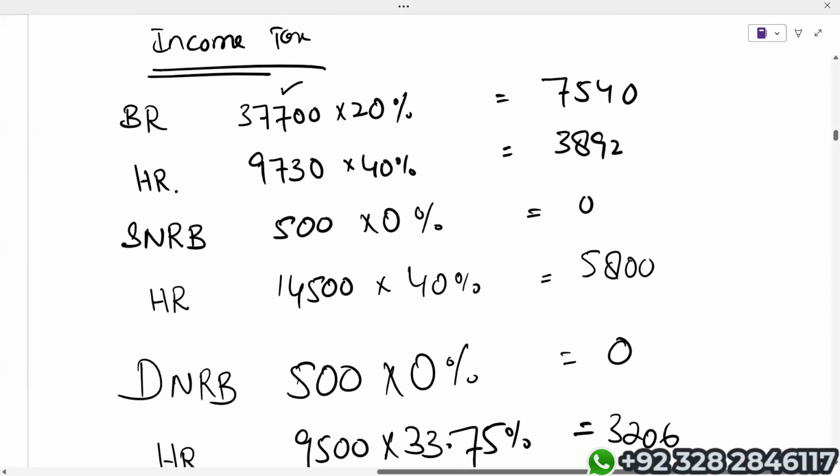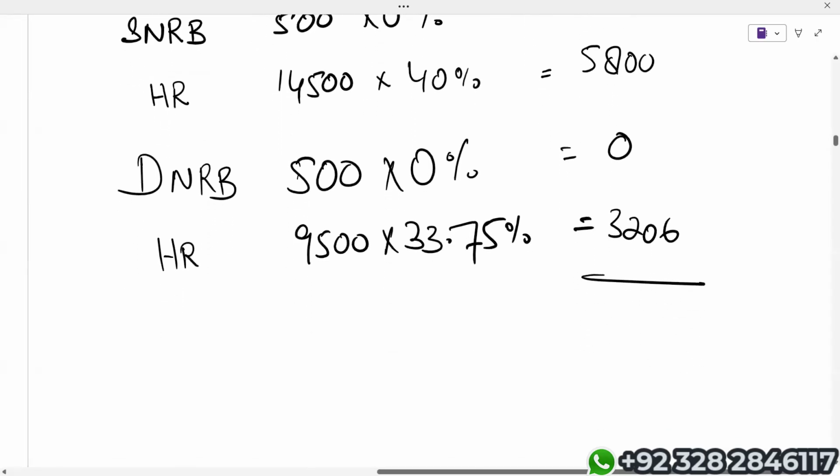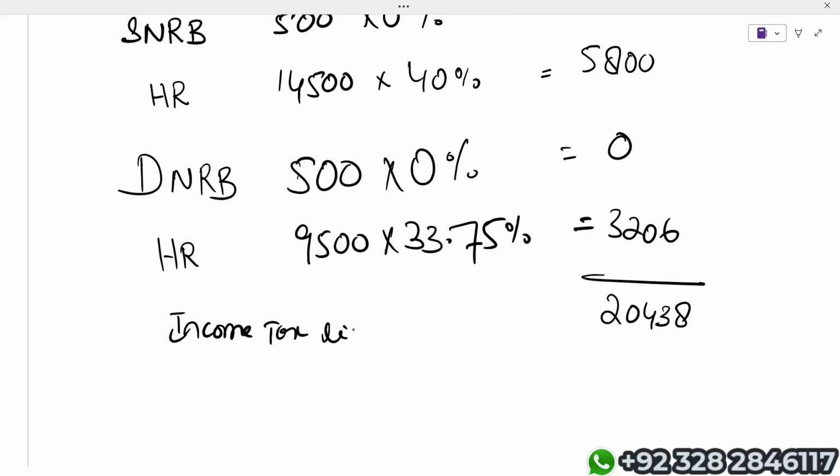Let's add all of them. 7,540 plus 3,892 plus 5,800 plus 3,206. I'm getting 20,438. This is income tax liability.